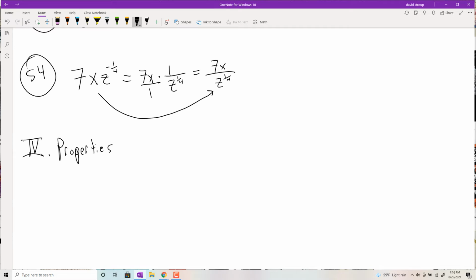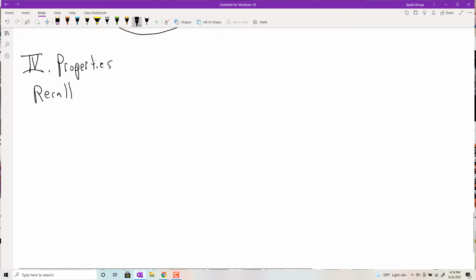Okay, so properties of these rational exponents. I'll remind you of what they all were. Basically, we had this product rule. If you have b to the m times b to the n, that's equal to b to the m plus n.